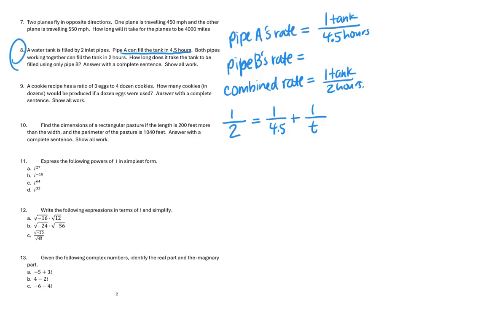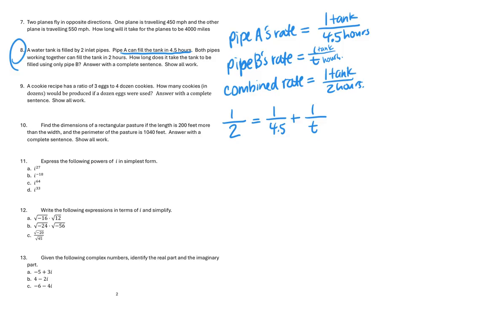So I'll just call pipe B's rate 1 over T for 1 tank in T hours. So if I solve for T, that will give me how many hours it takes pipe B to fill the tank. So let's solve that for T.